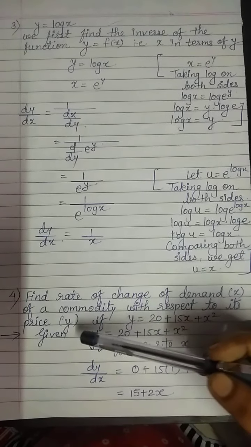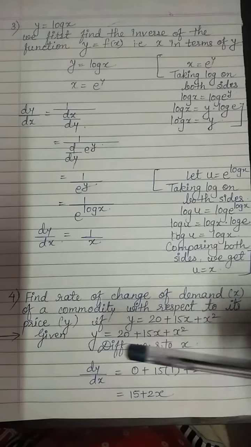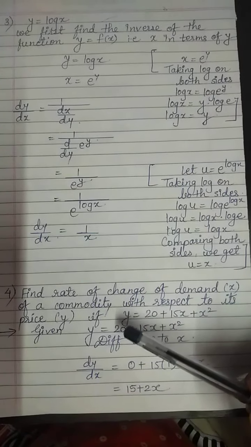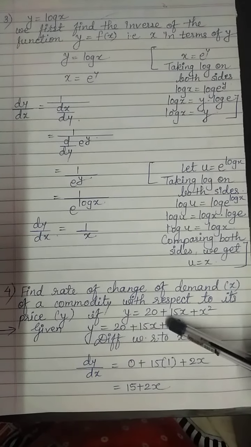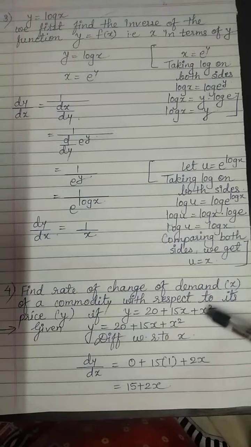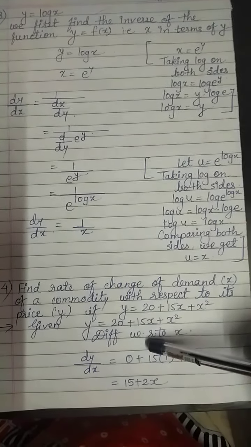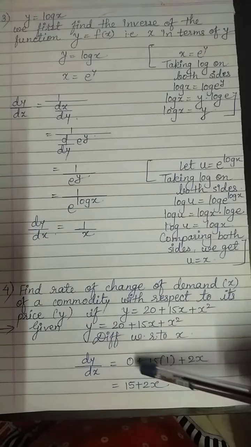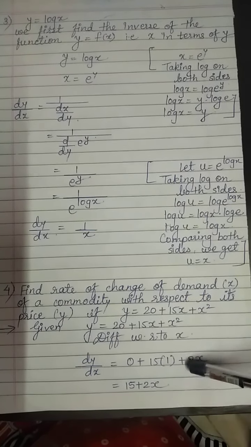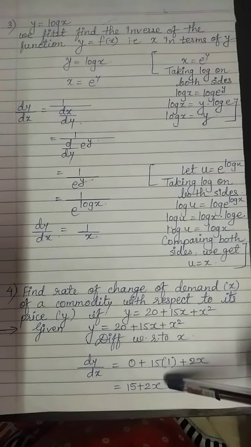That means finally we want the value of dx by dy. Since y is given as 20 plus 15x plus x square, we will differentiate this with respect to x. So here we will get 0 plus 15 into 1 plus 2x, that is 15 plus 2x.